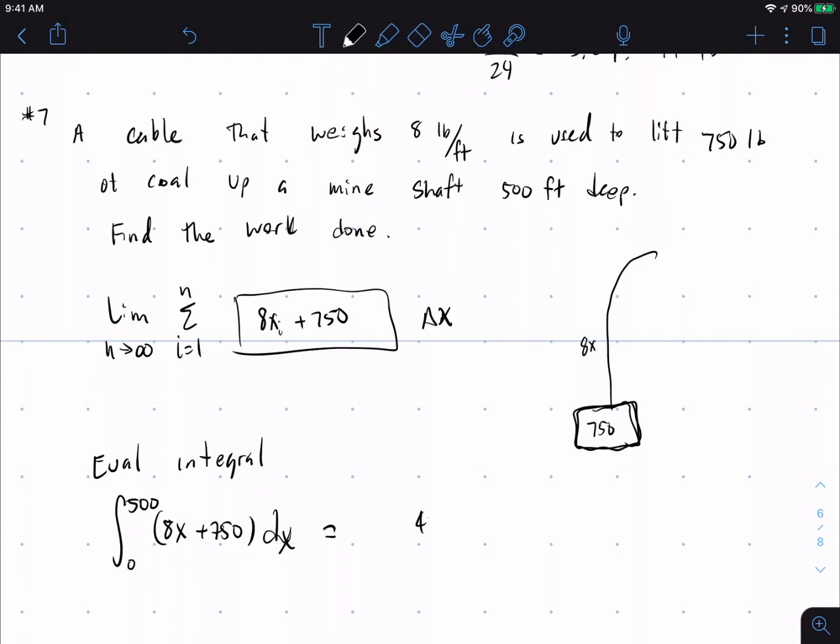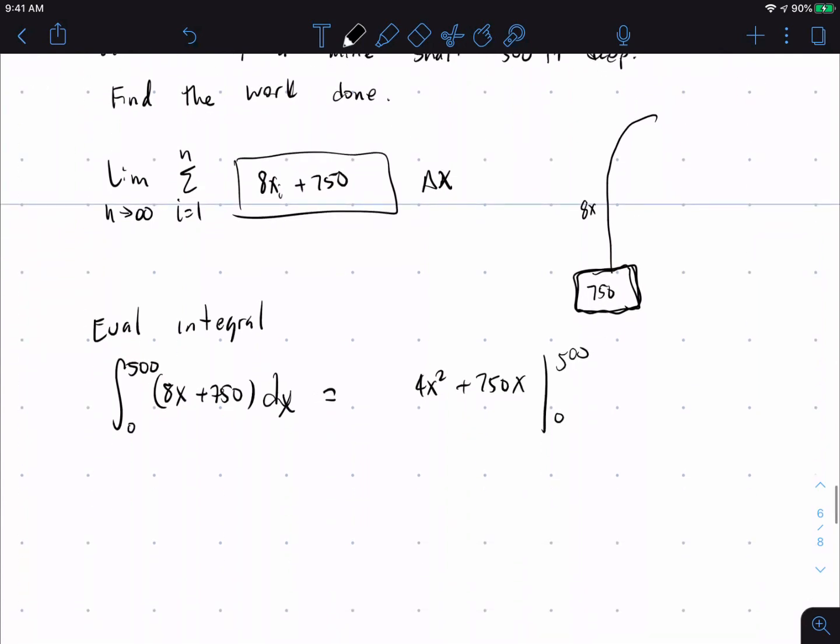So we're going to get 4x squared plus 750x evaluated from 0 to 500. So we're going to get 4 times 500 squared plus 750 times 500 minus 0. 500 squared times 4 looks like 1,000,000, plus 750 times 500 is 375,000.